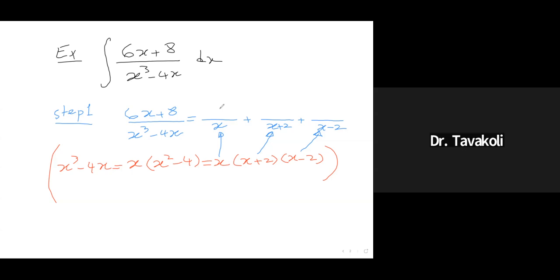Now I should determine what numbers a, b, and c will be the numerators of these fractions. So in step 1, we try to figure out what are a, b, and c.